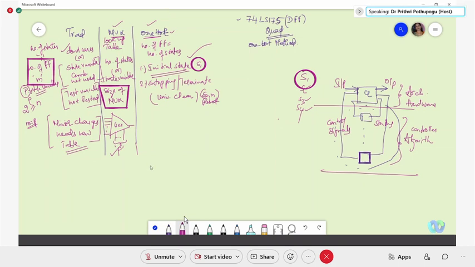Okay, so these were the 3 approaches that we have seen. The next approach is using a memory, a ROM-based approach. If you remember, what will be the format of ROM, how you will be using a memory here, what is needed as the input and what is the output.